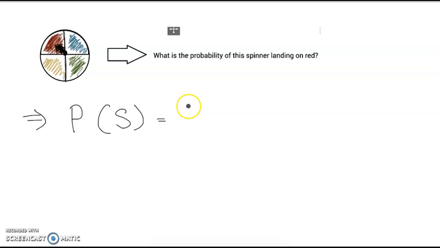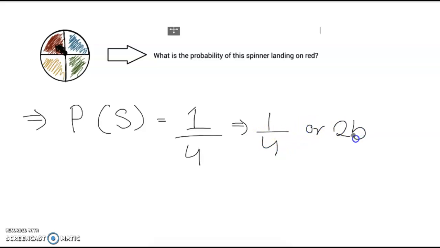The number of favorable outcomes is 1 because we are trying to make the spinner land on red, and we're trying to see what is the probability of it landing on red. So it's going to be 1 divided by the number of outcomes, which could be red, blue, yellow, or green. In total, 4. And the answer to this problem is 1/4 or 25%.